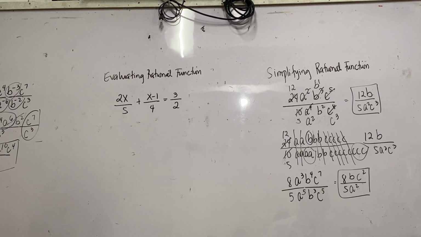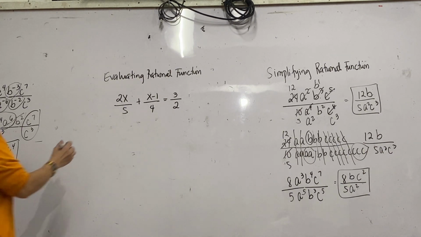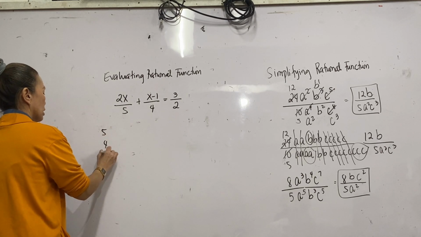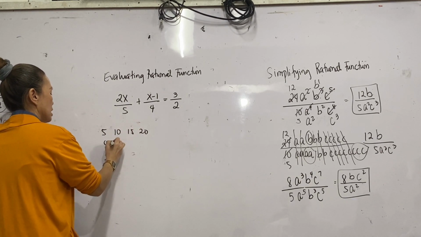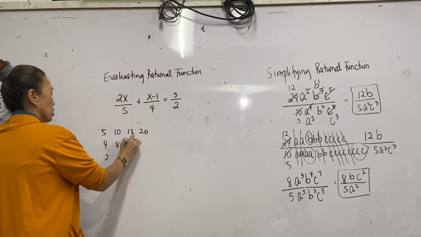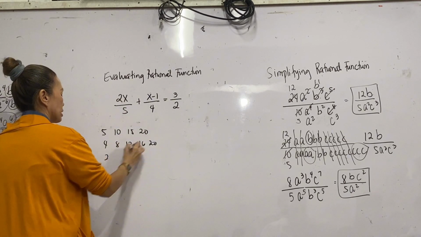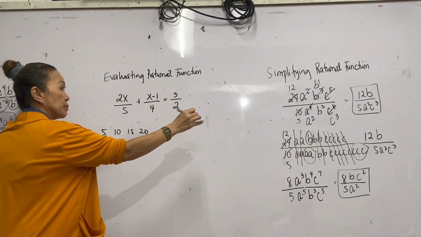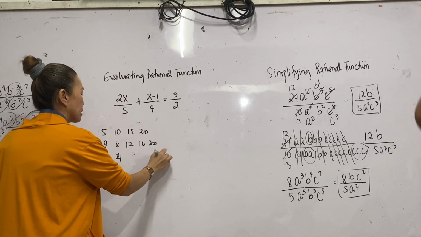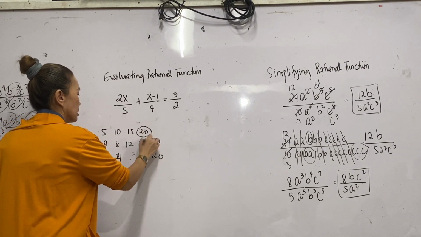Saan mag-meet yung 5, 4, 2? Common denominator. 5, 10, 15, 20. 4, 8, 12, 16, 20. 2, 4, 6, 8, 10, 12, 14, 16, 20. Saan sila mag-meet? Sa 20.